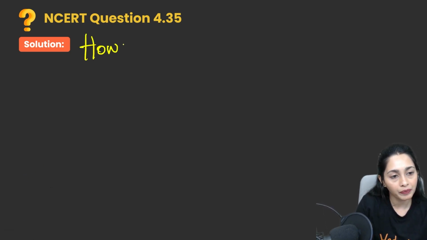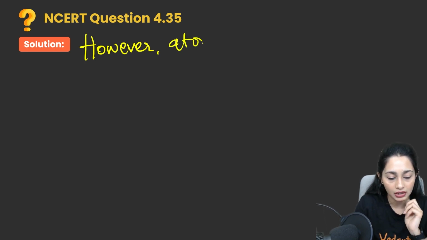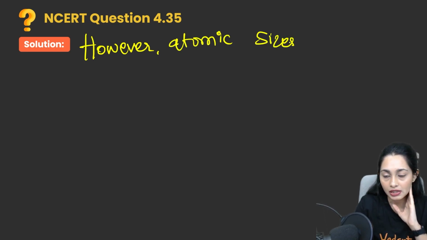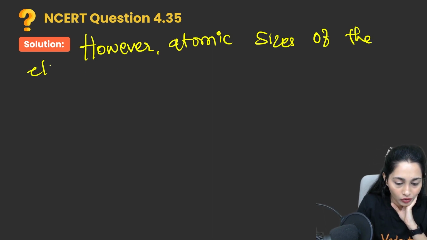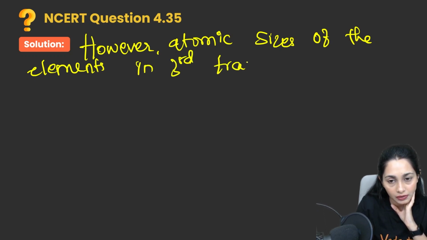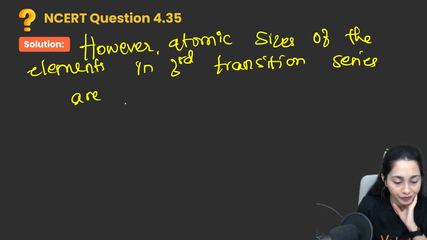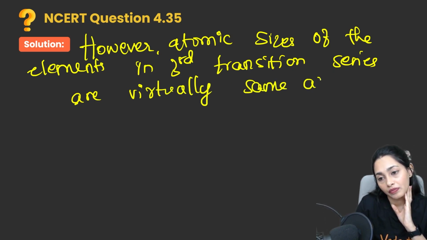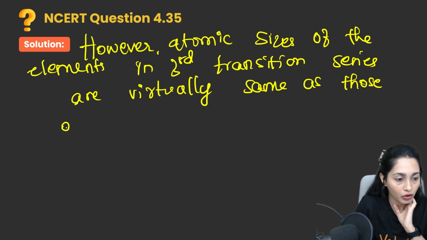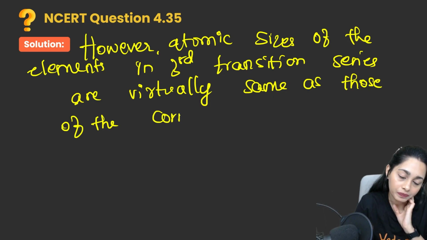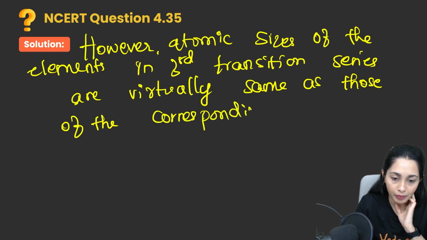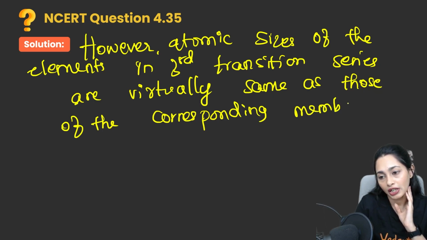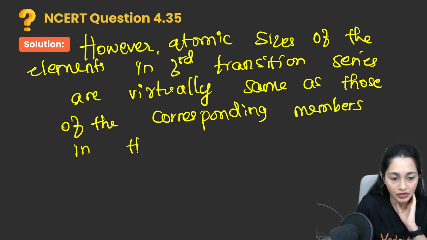However, atomic sizes of the elements in the third transition series are virtually the same as those of the corresponding members in the second transition series.